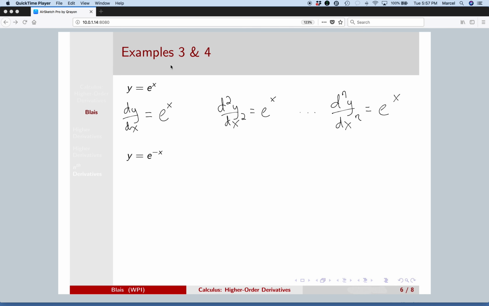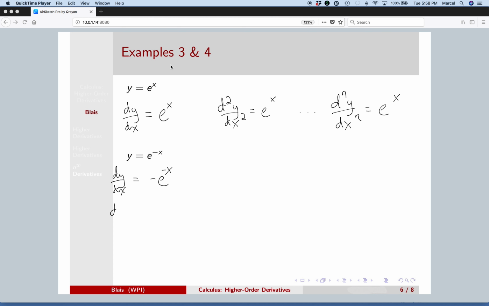How about e to the minus x? Well, dy dx, we know with chain rule, we have a minus e to the minus x. So the derivative of the outer function, leaving the inner function alone, gives us e to the minus x, times the derivative of the inner function. The inner function is minus x, whose derivative is minus 1.